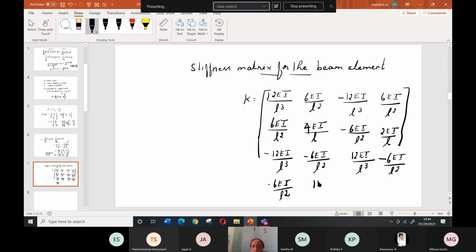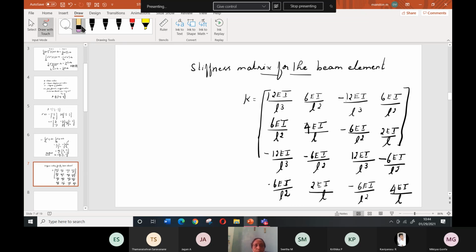Then this is 4A by L. 2A by L. Am I correct? Yes, ma'am. Yeah, 2EI by L. And this is minus 6EI by L square. 4EI by L.